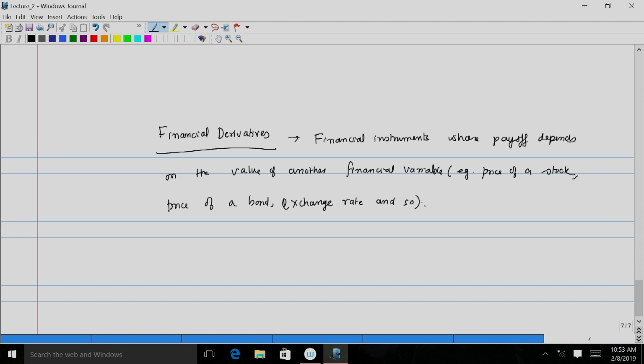So, this means that if you invest in a financial derivative, your eventual profit or loss at a future time point will depend, unlike in case of bonds or stock, where it basically depends on the price of the bond or the stock. In this case, there is no such direct relation, but rather the profit or loss will be determined by the movement of the values of some underlying asset.